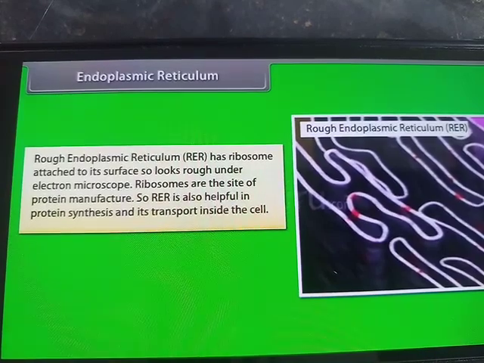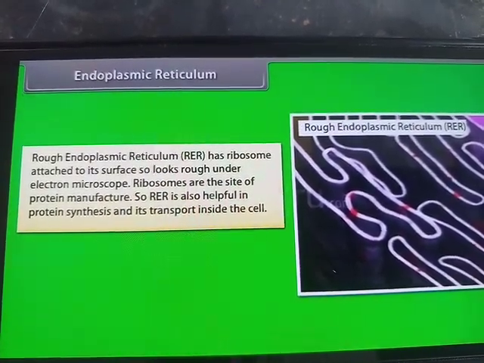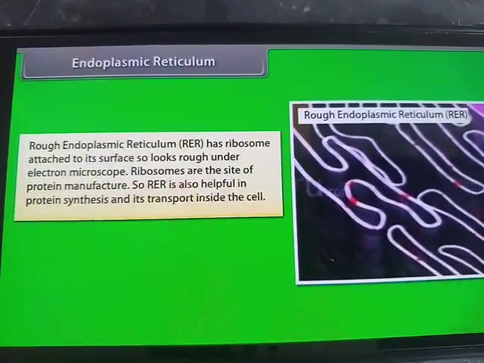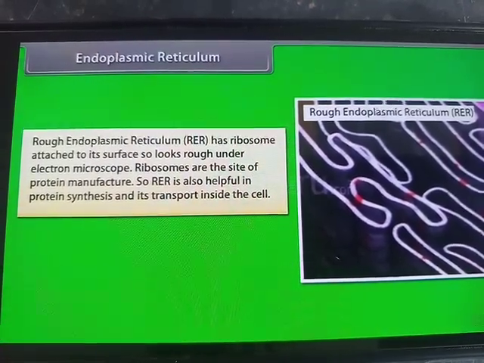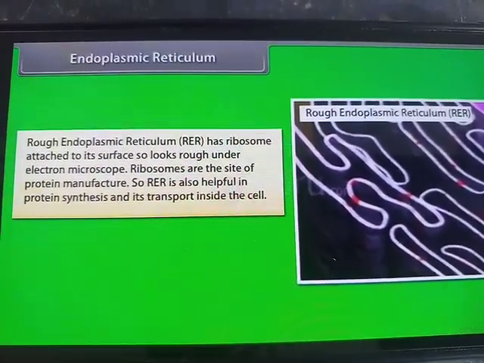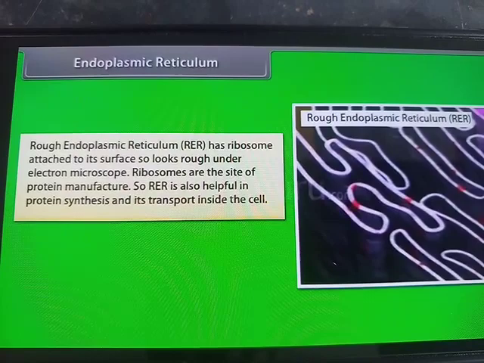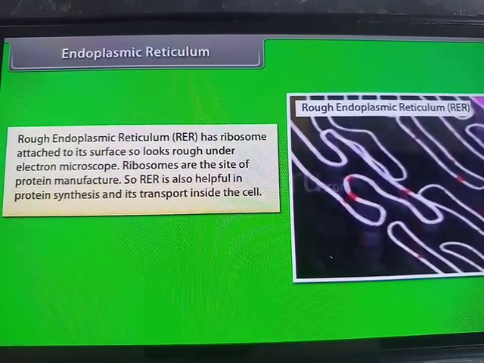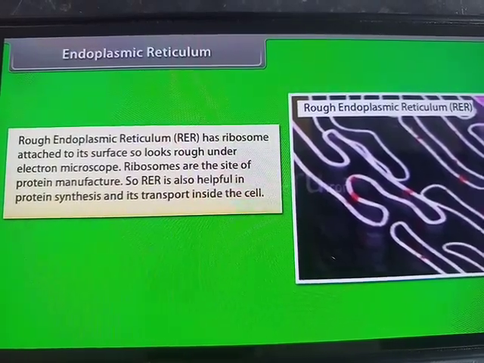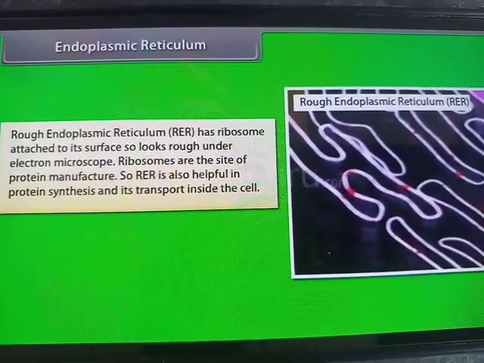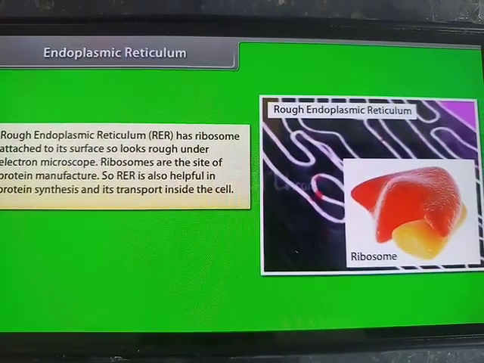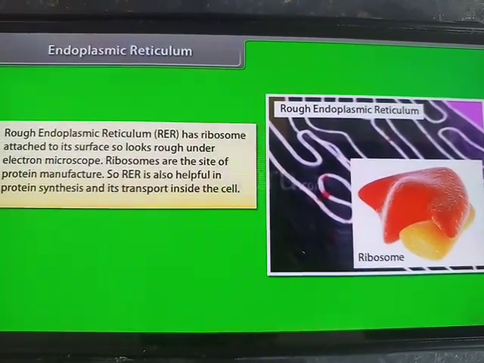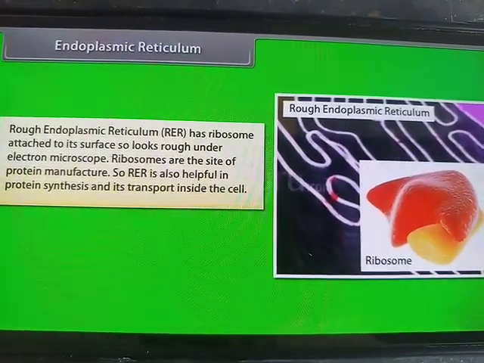Ribosomes are the sites of protein manufacture. It means it is the production house of a cell. The protein is manufactured in the ribosomes. So rough endoplasmic reticulum is also helpful in protein synthesis and its transport inside the cell. You can see that ribosomes are attached.